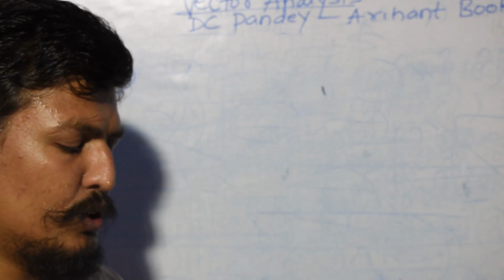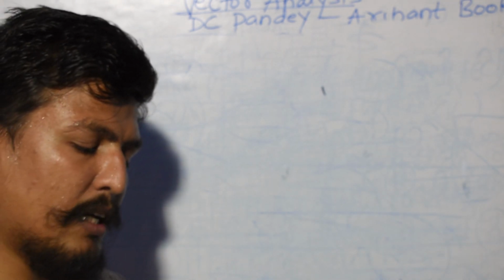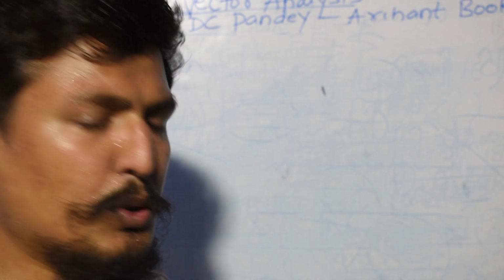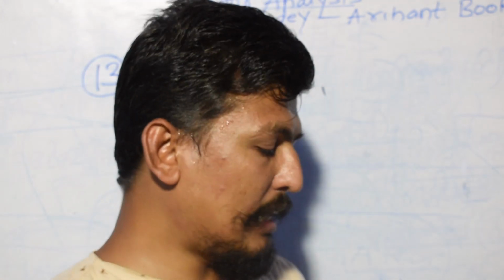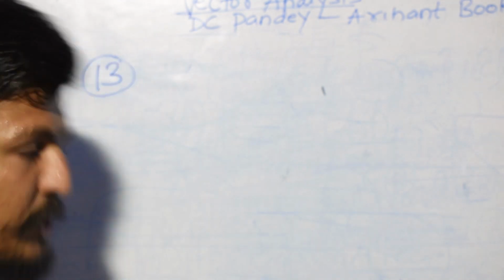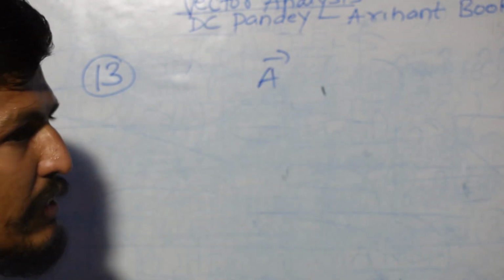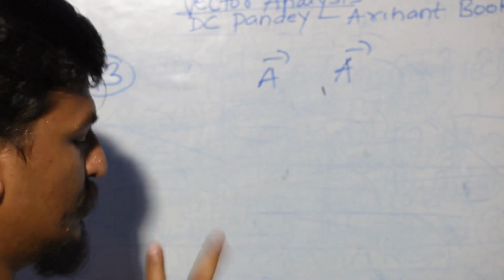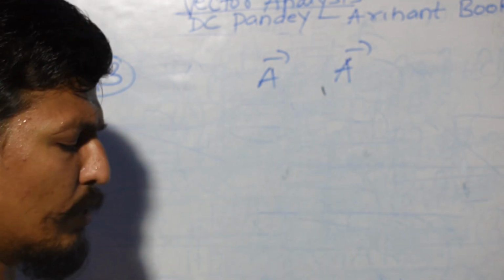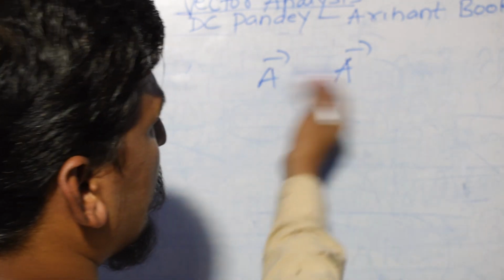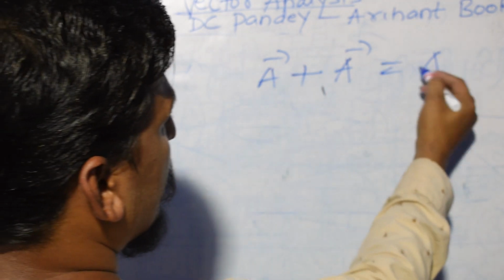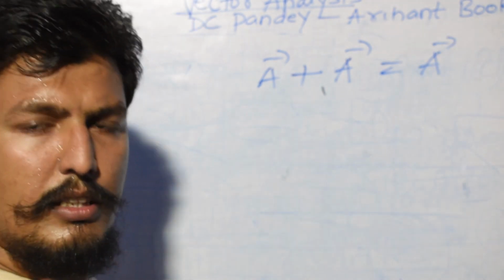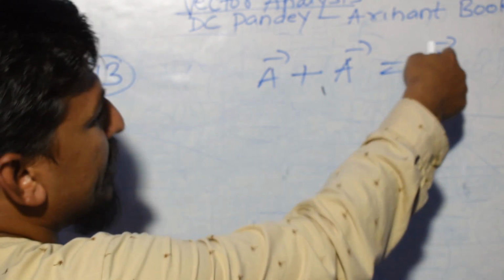Two vectors of equal magnitude have a resultant equal to either of them. Then the angle between them is? For example, take one vector as A. Equal magnitude means again A. Two vectors have a resultant equal to either of them, meaning their resultant is equivalent to A also.